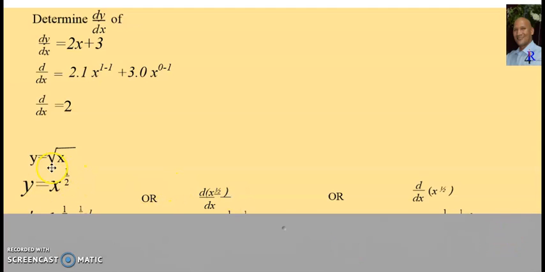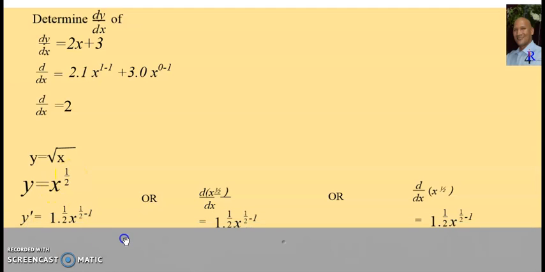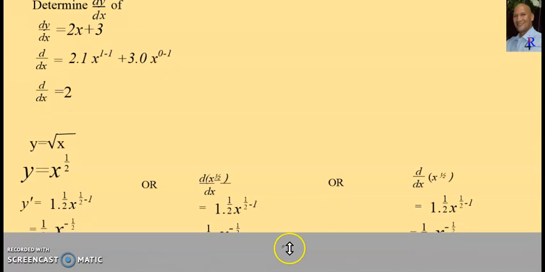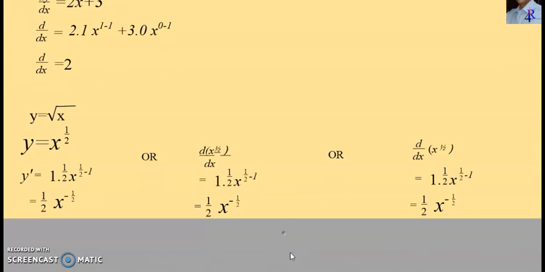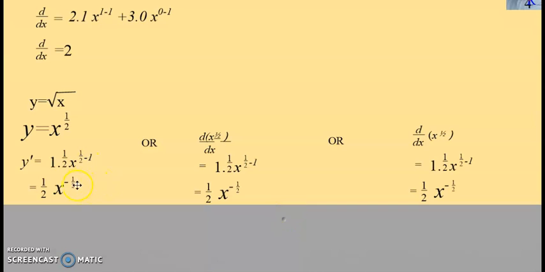My exponent multiplied with my coefficient, minus 1, so it will be a half x to the power of minus a half. A half minus 1 is negative a half. So my answer will be a half x to the power of negative a half.